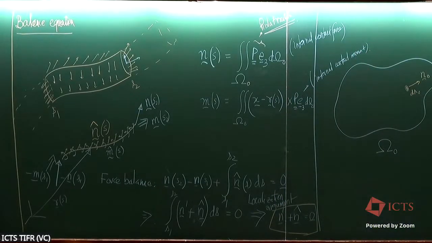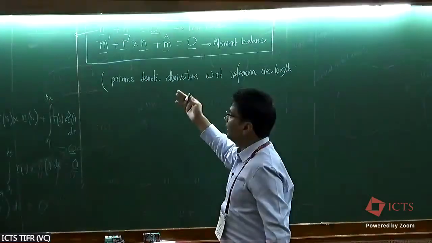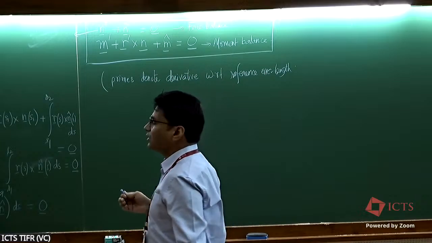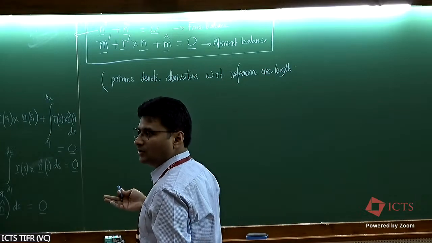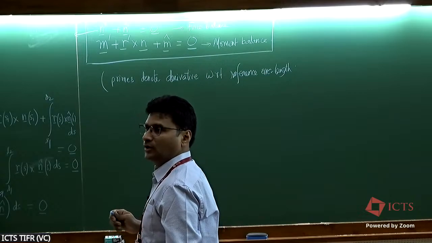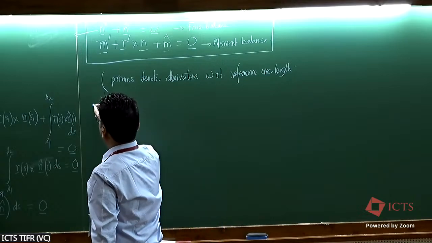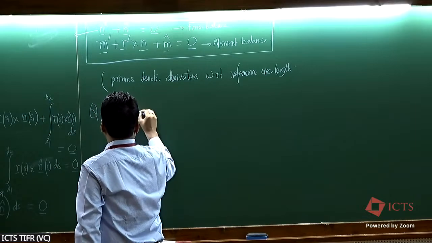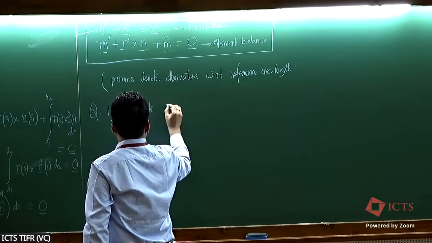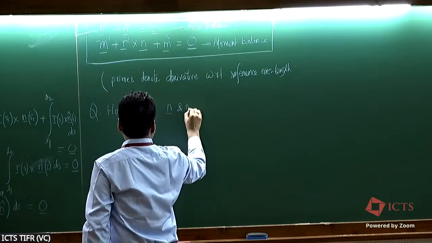Okay, so far you have gotten 6 equations, but you also have more unknowns sitting here, n and m. We don't know how they relate to the kinematic variables. So that's going to be the next goal here. How to relate n and m.